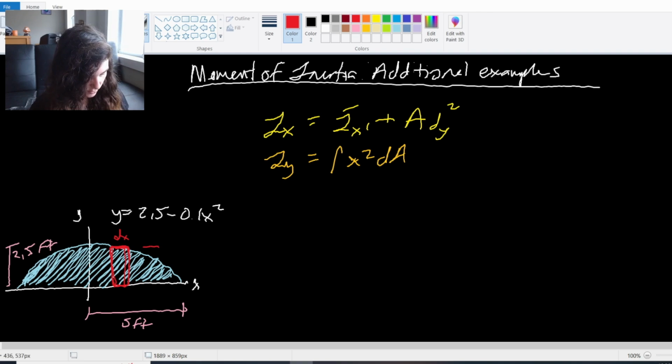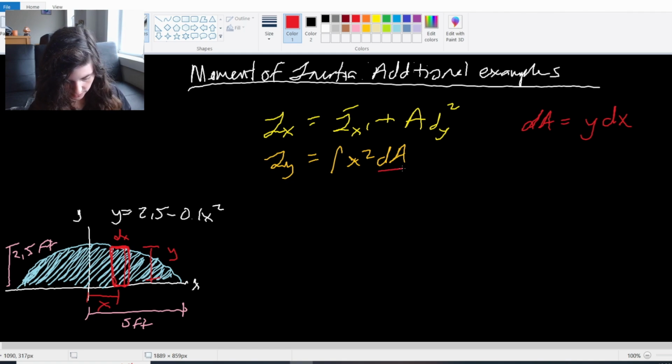The height of this slice is going to be the y value, and the location is our x value. What other information do we need? We know dA; dA comes from that slice there. dA is going to be y times dx.